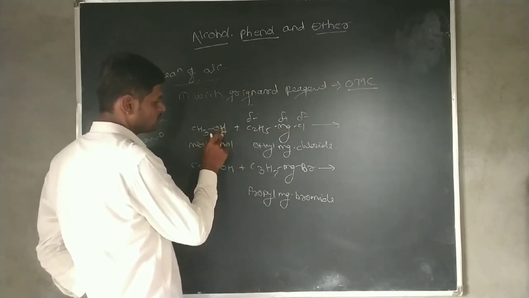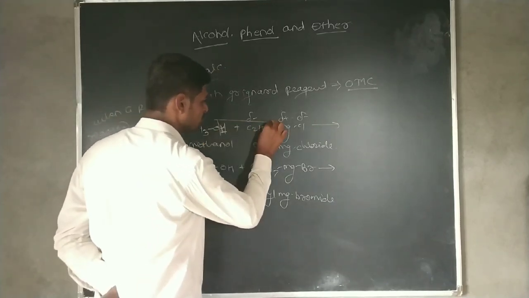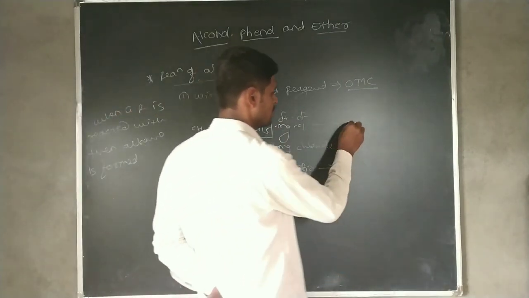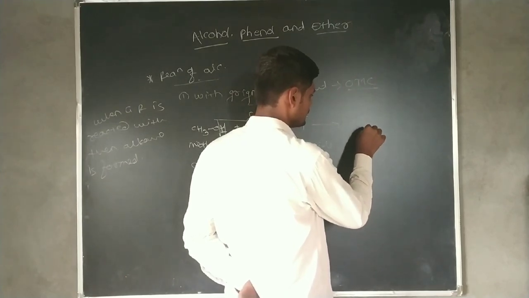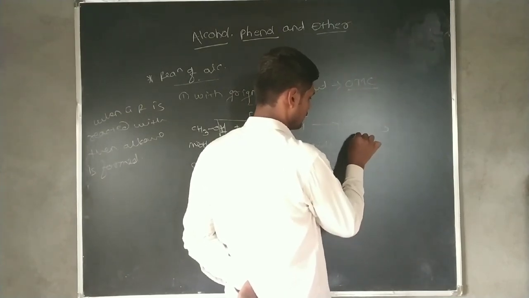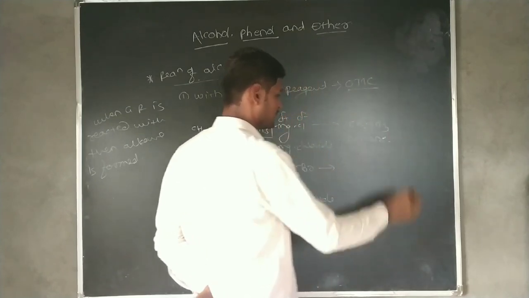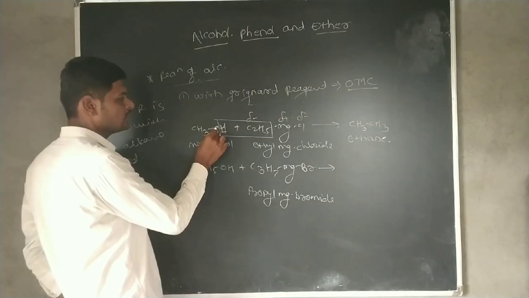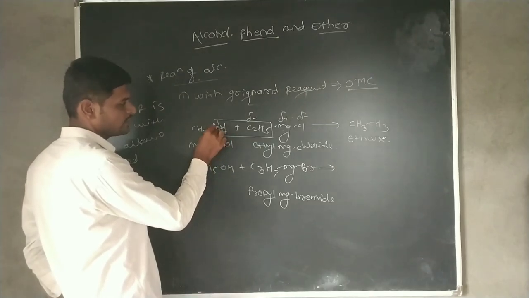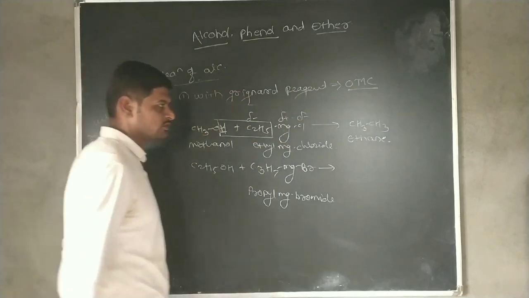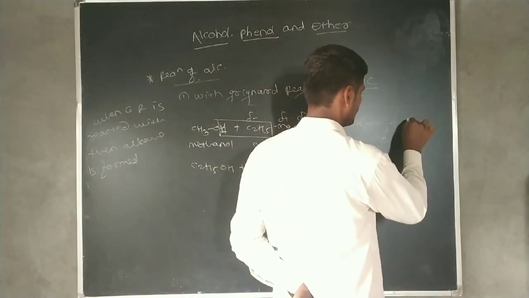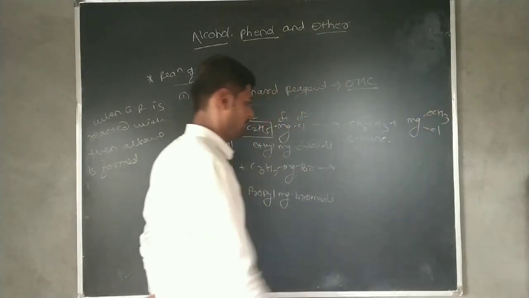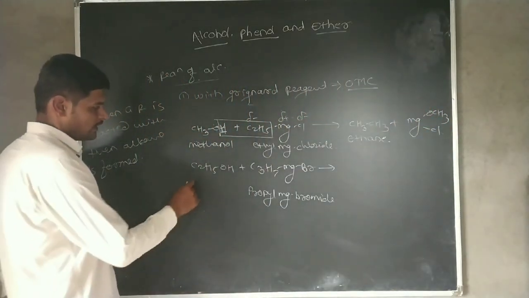The alkyl group attacks this H plus ion, and there is a formation of the respective alkane, that is CH3, ethane. The remaining part is methoxide. After elimination of H plus ion, the oxygen shows the negative charge. This negative charge oxygen attacks the magnesium, and there is a formation of MgOCH3 and Cl.